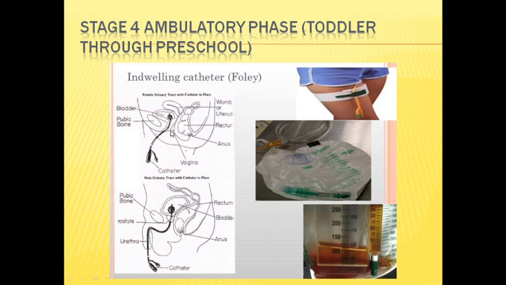And this is the urine bag, which collects the urine. Now there are some simple kinds of urine bag, and this is the advanced one in which we can calculate the amount of urine. So in this method you have to just empty the urine bag.